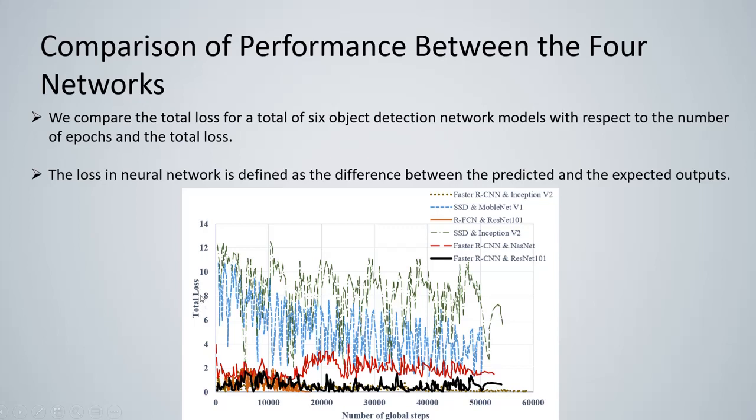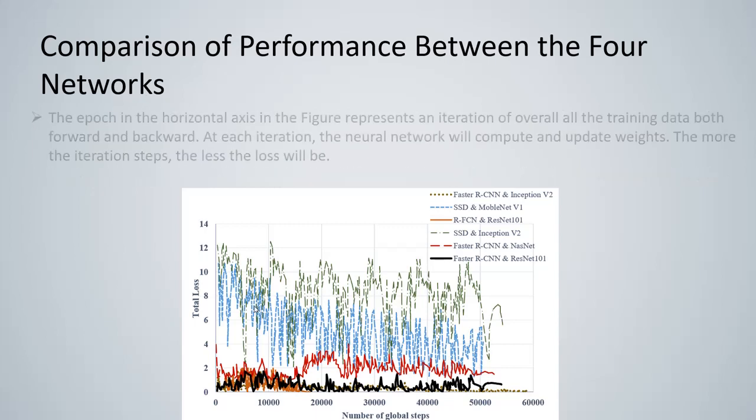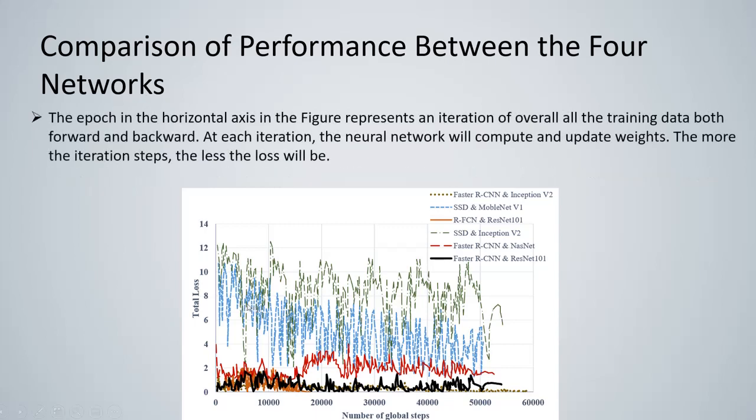Loss in a neural network is defined as the difference between the predicted and the expected output. The epoch in the horizontal axis represents an iteration over all the training data, both forward and backward. At each iteration, the neural network will compute and update weights. The more the iteration steps, the less the loss will be.